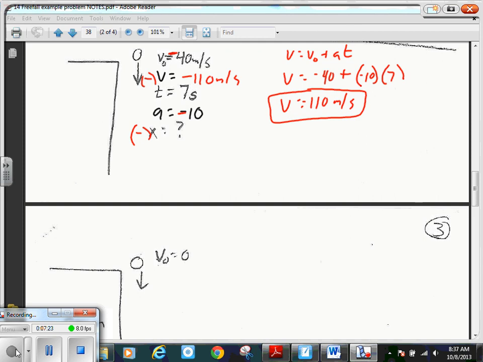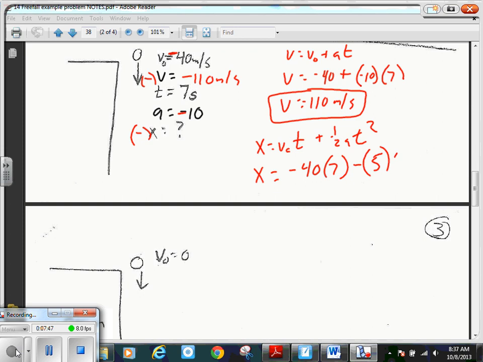Now my x, I could use two different formulas. x equals v sub naught t plus 1/2 at squared. Displacement then is negative 40 times 7 minus 5, that's the 1/2 a, right?